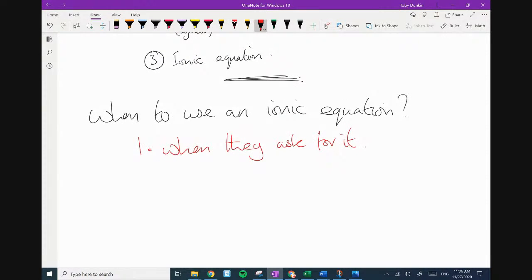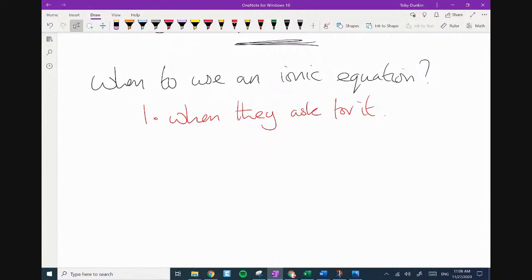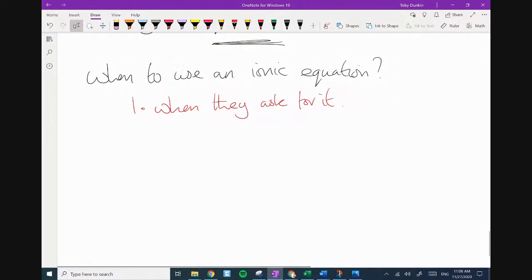Are there any other scenarios where it doesn't actually get said? Not really. They usually say in the question, write the ionic equation for this process. If they just said write the equation, you have to write a full one. They will always say it.